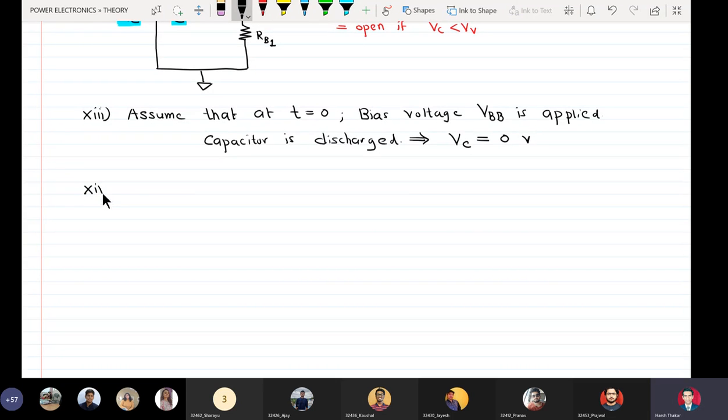Next point is redrawing the above circuit with Vc equal to 0.